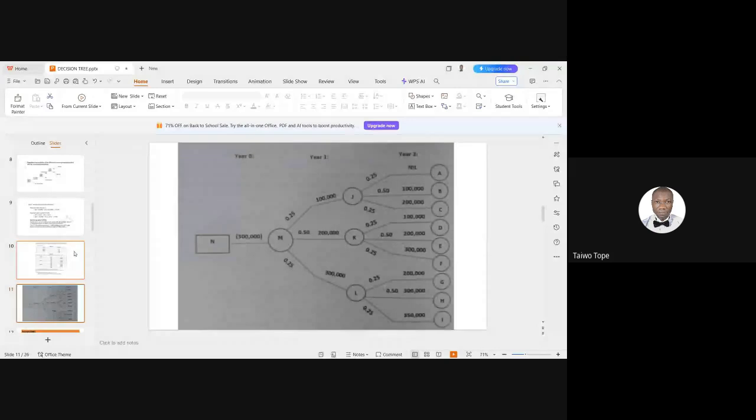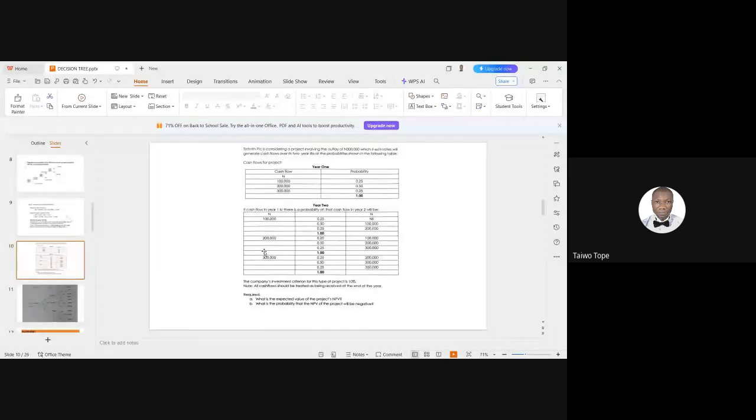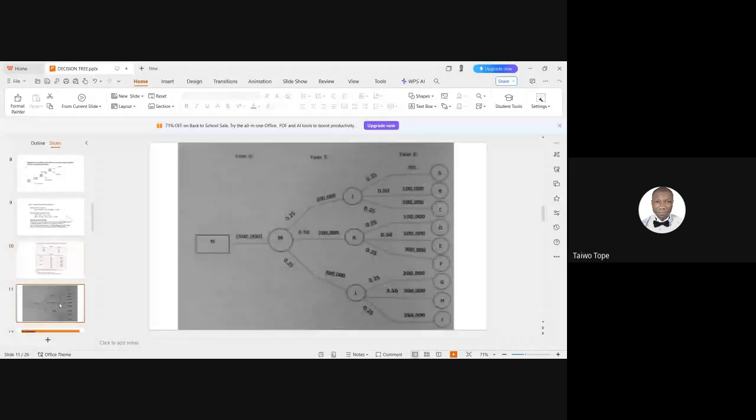Also, when we have an inflow in year 1 of 300, there's a possibility of having 200,000 as an inflow in year 2, 300,000 as an inflow in year 2, and 350,000 as an inflow in year 2, which is what is expressed here, with their associated probabilities.